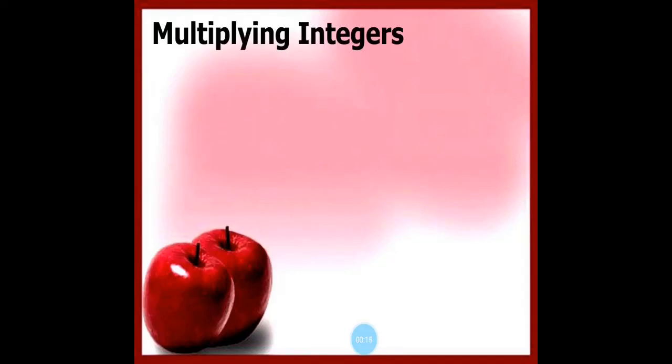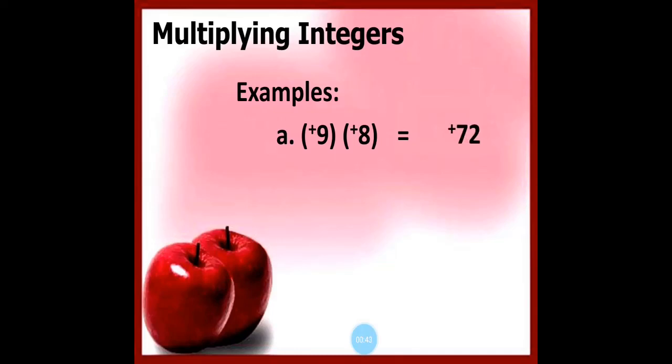So let's have these examples. By the way, I'm going to give the examples, then you are going to generate the patterns. You are going to tell me what are the rules in those particular scenarios. Okay, so let's have number 1. Positive 9 times positive 8 is equal to positive 72.